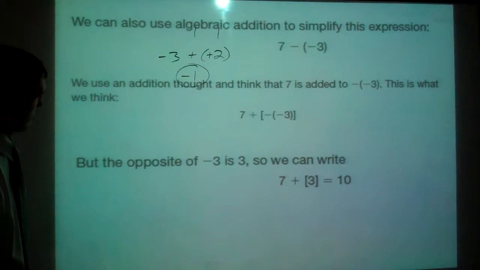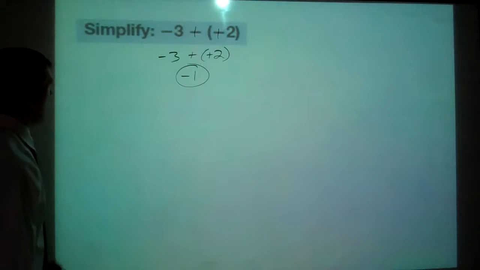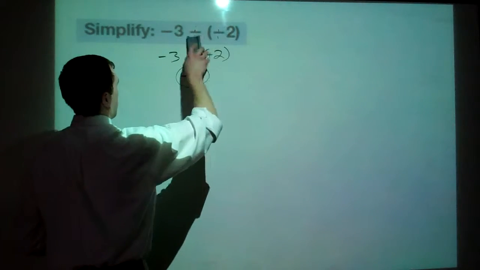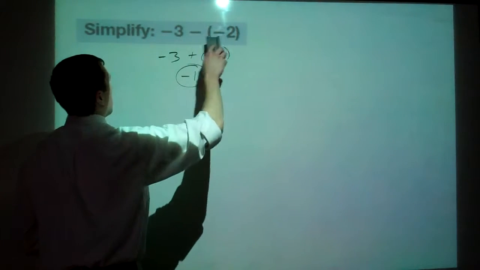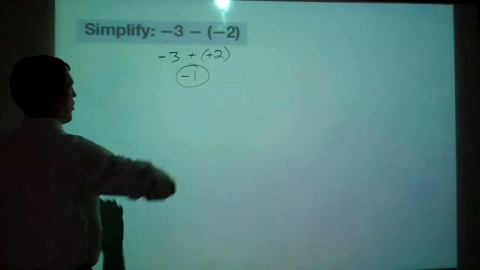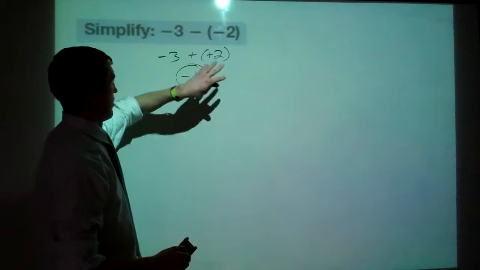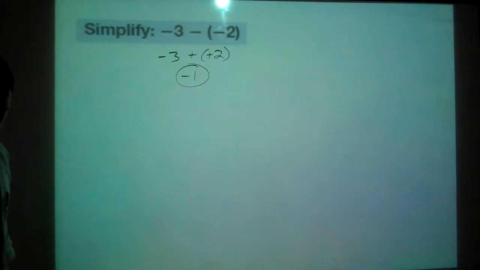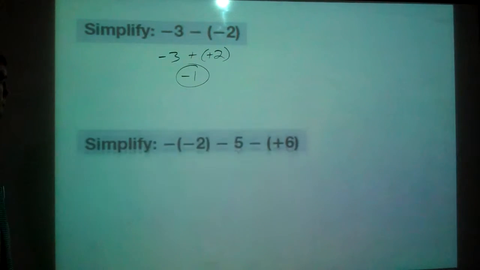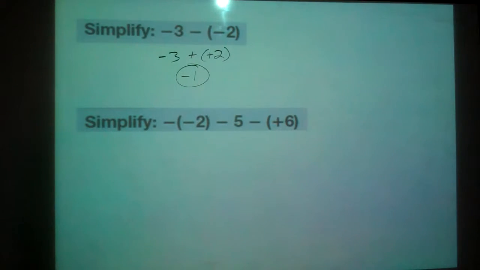Here, before we do that one, remember, you also could have just seen this situation and said, oh, that's going to turn into an add, negative 3 plus 2, and you still would have got the same answer. Okay, let's look at this one now. I'm going to turn all the subtracting into addition.